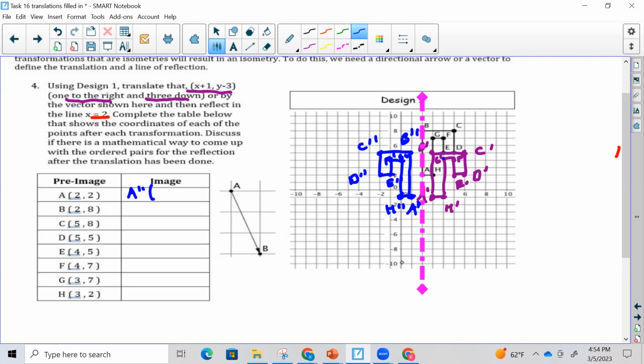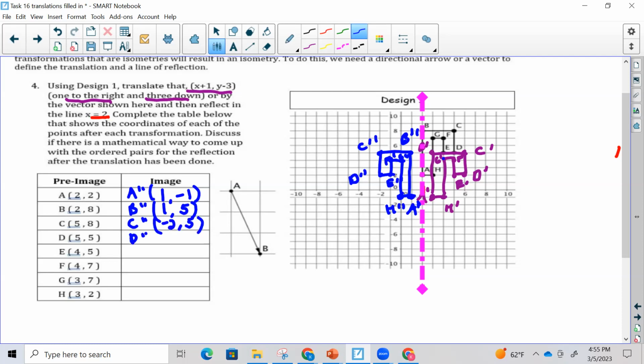This is my origin. So A starting there is at 1, -1. B double prime, my new B is at 1, 5. My new C is at -2, 5.